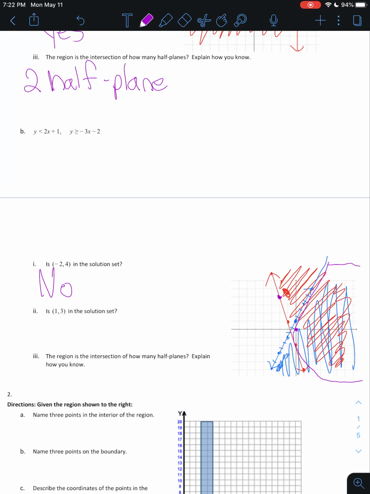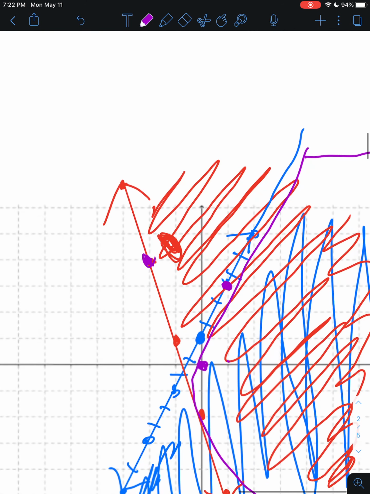And is 1, 3 in the solution set? Again, let's take a little look. 1, 3. So again, we start at our origin here. We go 1 and then up 3. I know it's getting a little messy here, but if we zoom in, 1, 3 is up here.